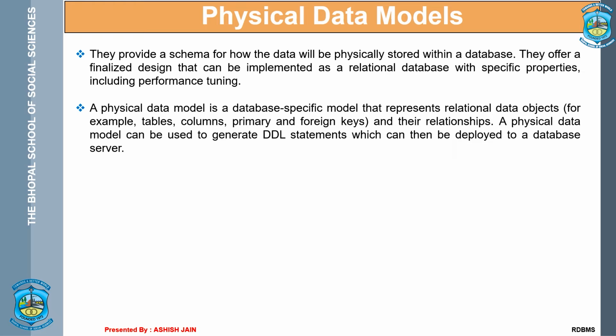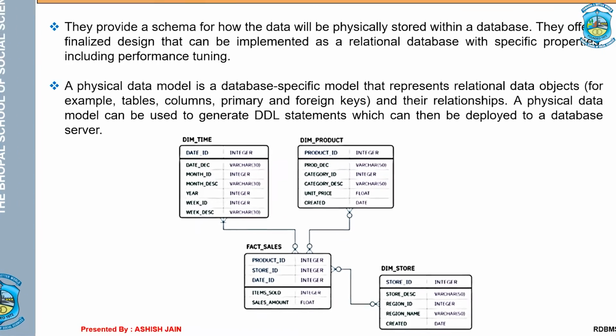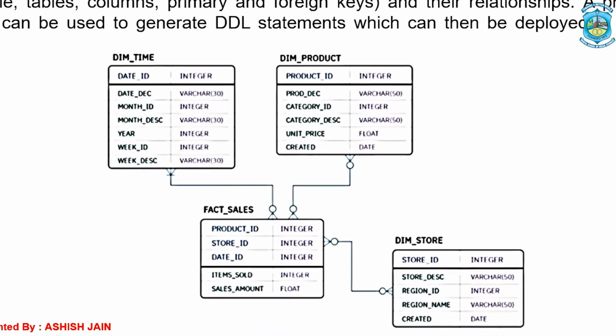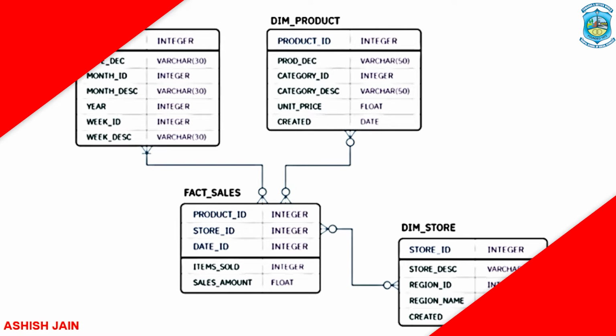But this is separate from the logical representation. Here we have the tables, and they contain information about different column types or field types. That means the date field is an integer field, date is a varchar. It is the data type of the different data. So it gives much more detail about how you represent things.